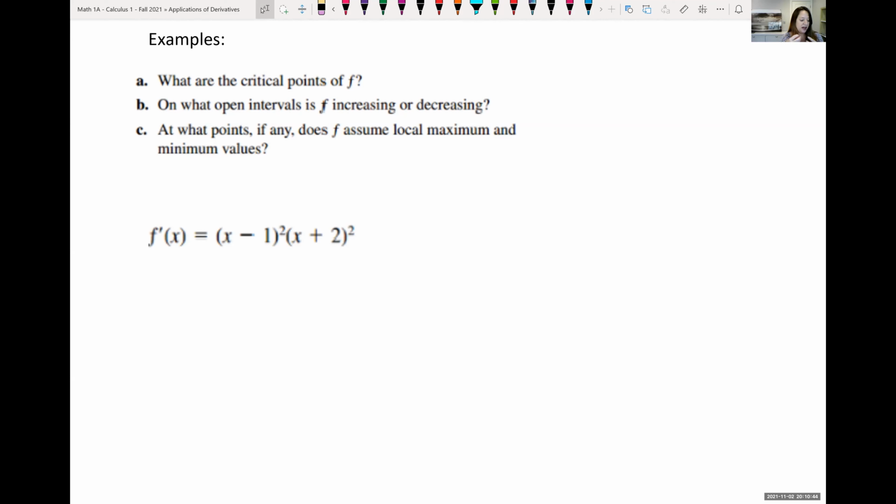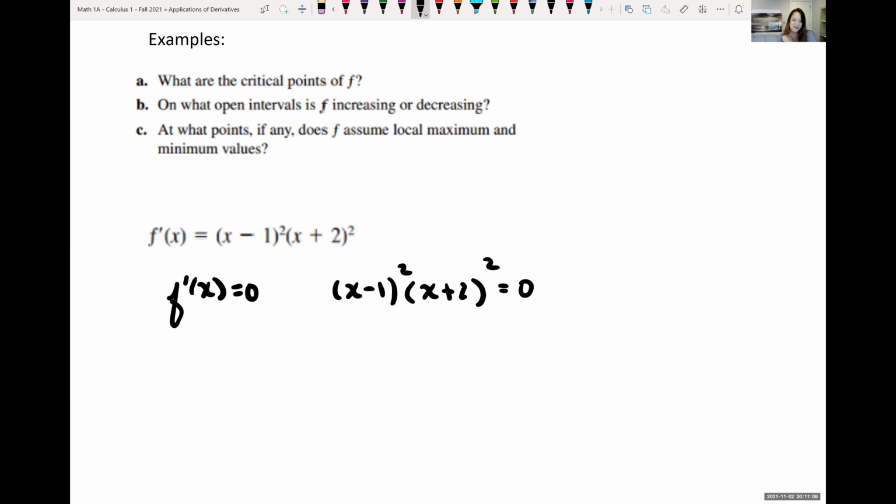Again, we're given the derivative function, so we don't have to go through that work. We want to look at when f prime of x equals 0. So we're looking at when (x minus 1) quantity squared times (x plus 2) quantity squared equals 0. It's already factored for us.